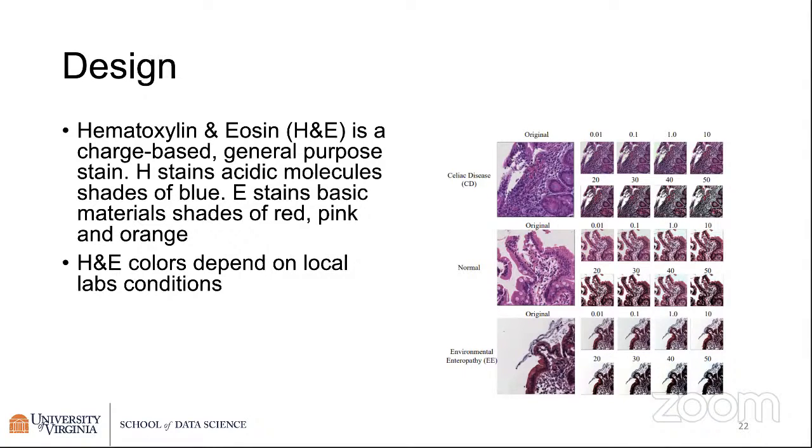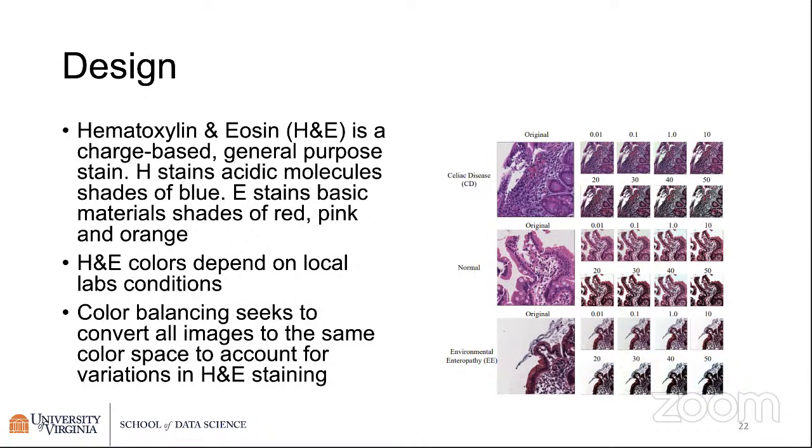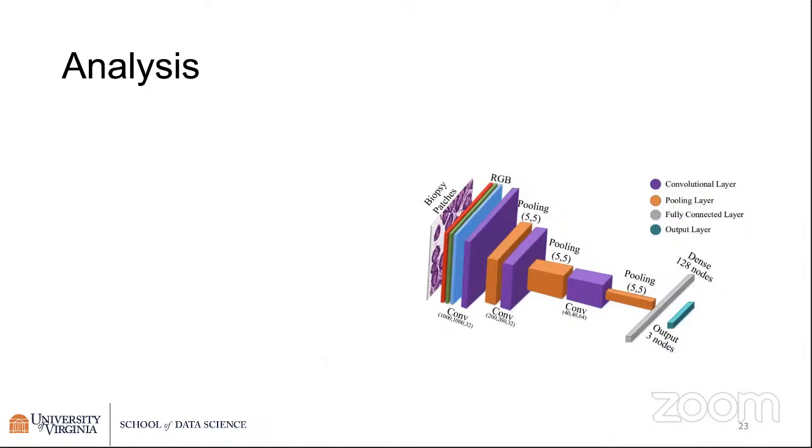So there's a natural bias that can occur, because what we're doing when we're doing the modeling is just finding a color difference represented by the staining, and not any real difference that exists in the underlying tissue, and that's a problem. So we need to deal with that as part of design. And this is what's called color balancing. It seeks to convert all these images to the same normalized color space, so that we don't have any bias as a result of that.